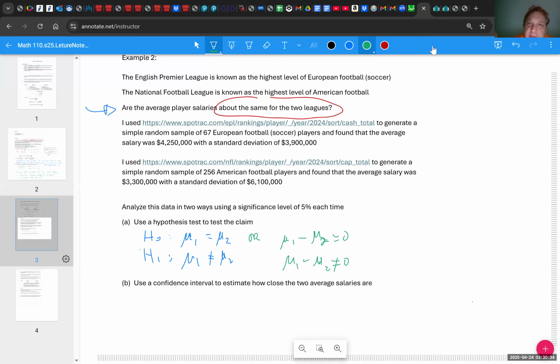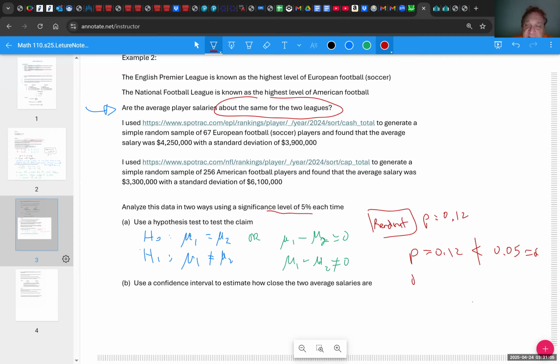Normally I would cut and paste my readout here, and I would say my p-value was about 0.12. Now I'm looking at a significance level of 5%. The p-value of 0.12 is not less than 0.05, which is our alpha value.